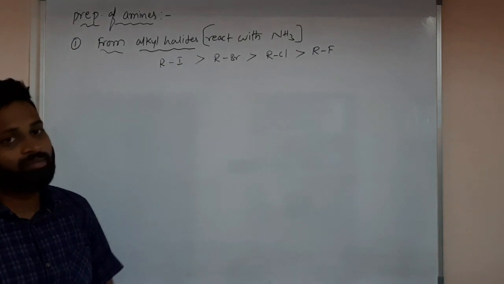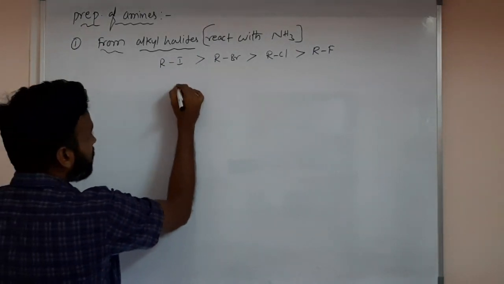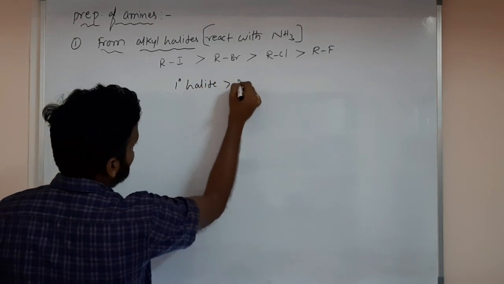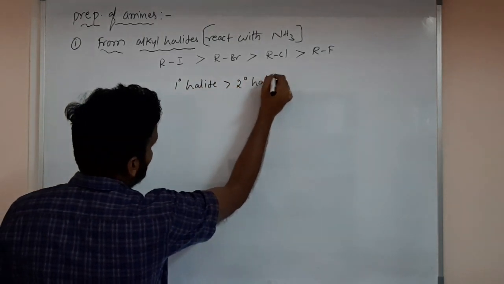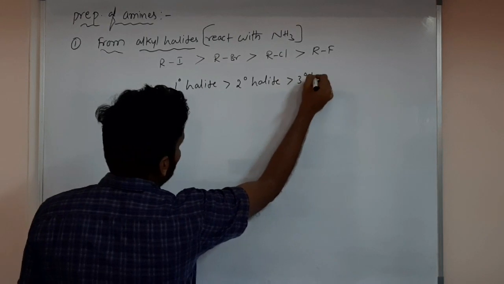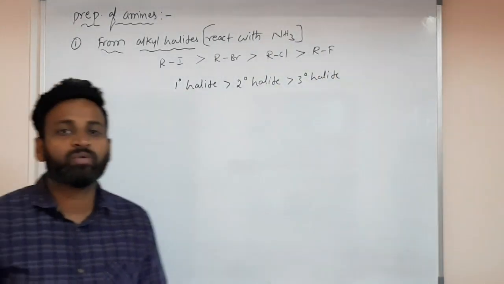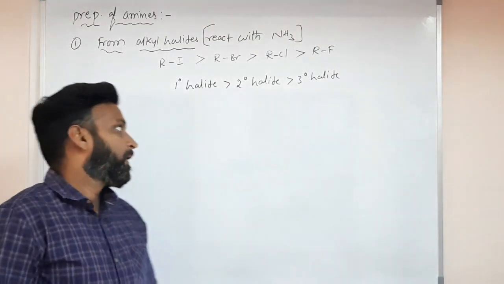Iodides are more reactive, and one more thing is primary halides are more reactive than secondary halides, than tertiary halides, towards reaction with ammonia, towards the formation of amines.